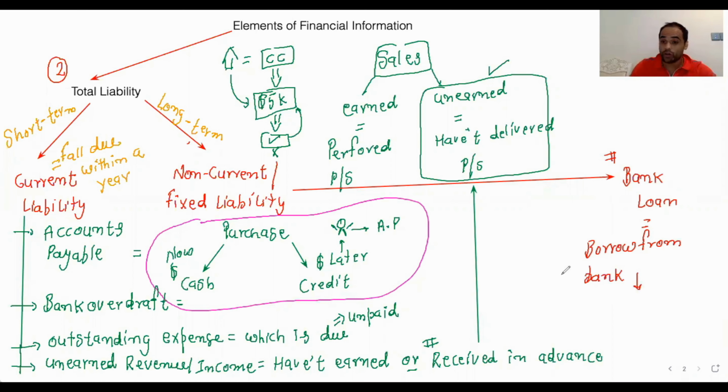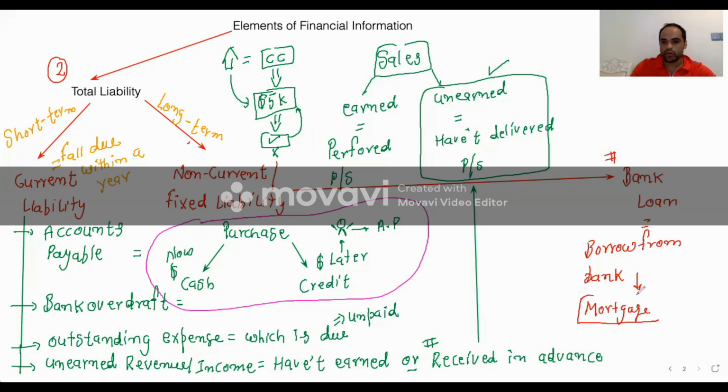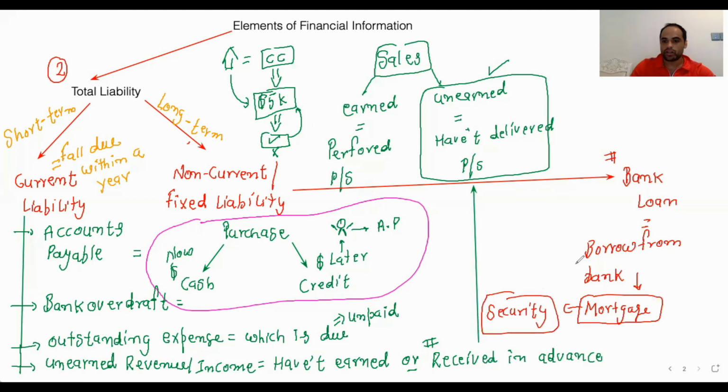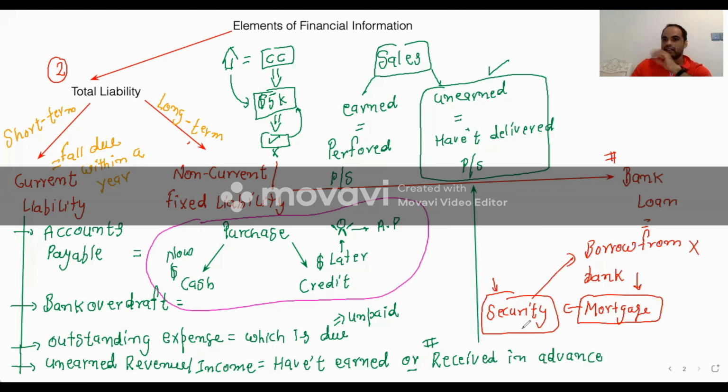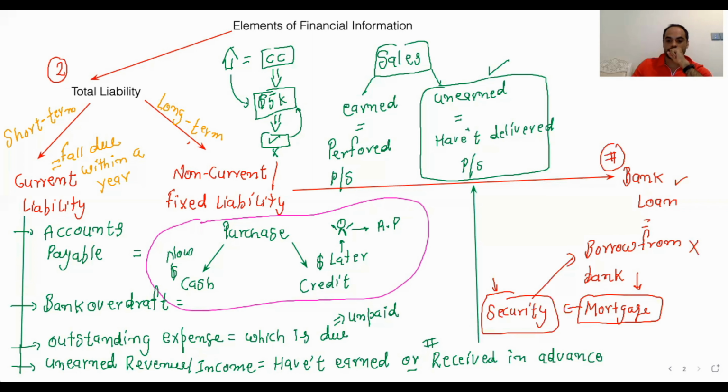Yes, as a security. This is called a mortgage. Mortgage means when you give assets to the bank as a security for the money that you are borrowing. In case you do not return this money, the bank will take your assets, sell them and recover the money. This is called a bank loan, and a bank loan is your non-current liability.